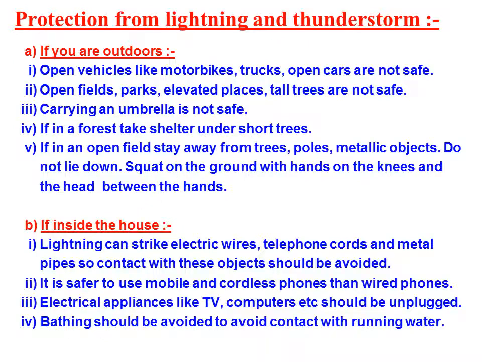Then how can we protect ourselves from lightning and thunderstorms? If you are outside the house, open vehicles like motorbikes, trucks, and open cars are not safe. Lightning can strike them because they are all made up of metals, and they attract the charged particles.